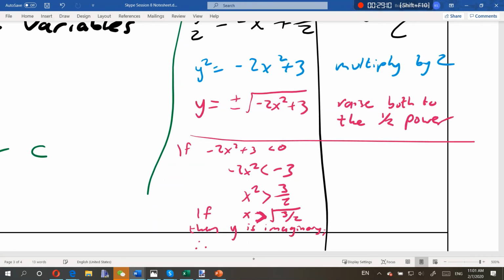Therefore, my domain, so x, must be between negative root 3 over 2 and positive root 3 over 2 for this function to exist.